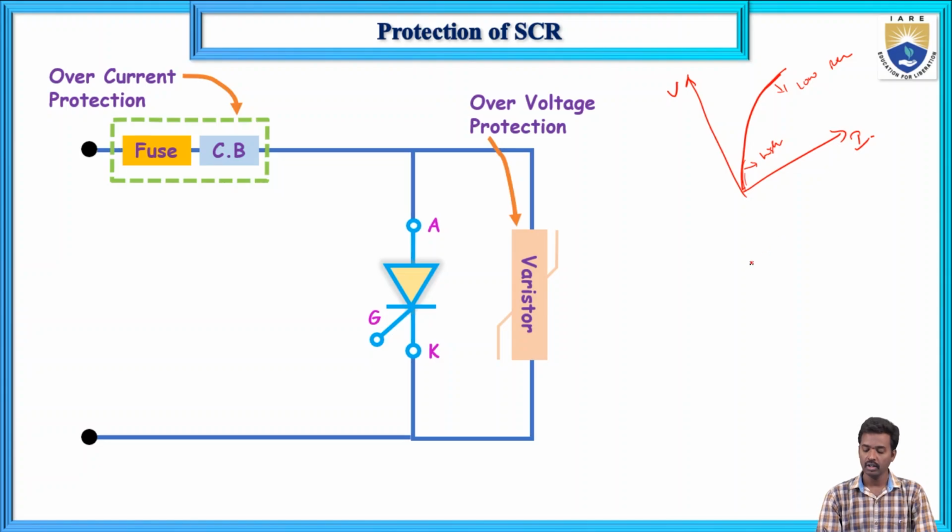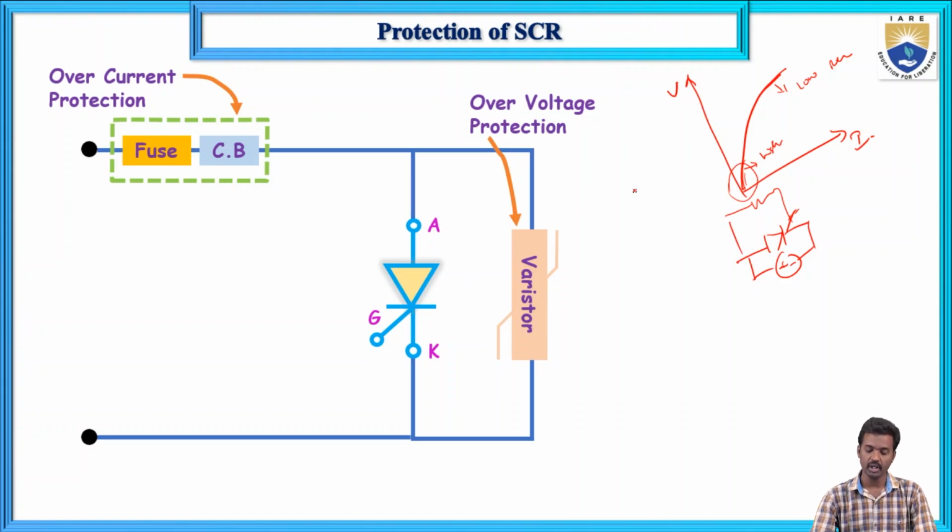Here is the thyristor, and you give the supply. If there is an over voltage, the varistor offers low resistance, meaning the resistive drop is low. In this way the SCR will be protected from over voltages using a varistor.